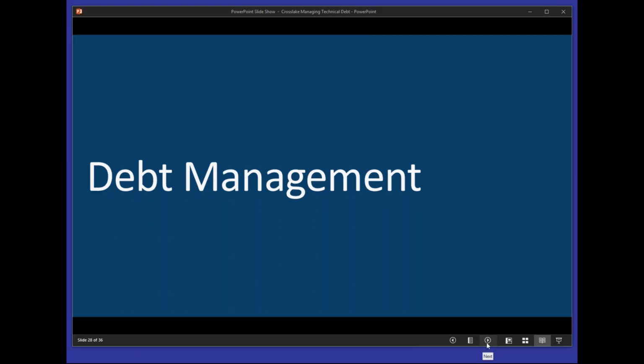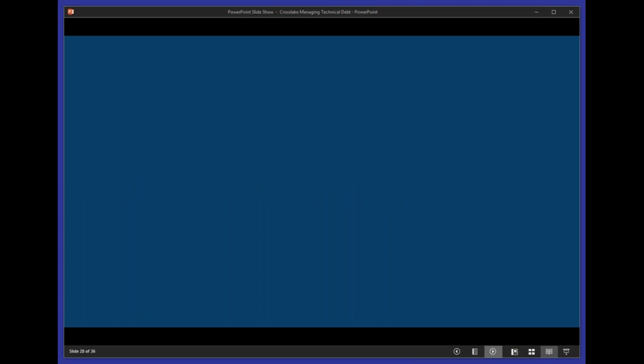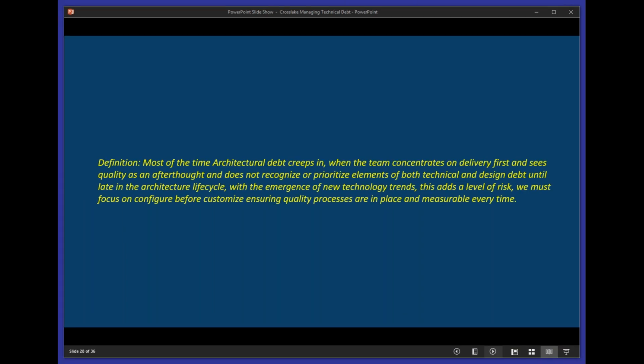Okay. So we're going to run a couple of minutes over, but obviously debt management is one of the key areas that we wanted to talk about. Most of the time architectural debt creeps in, as I've mentioned, when the team concentrates on delivery first and sees quality as an afterthought and does not recognize or prioritize elements of both technical and design debt until late in the architectural life cycle. With the emergence of new technology trends, this adds to it.